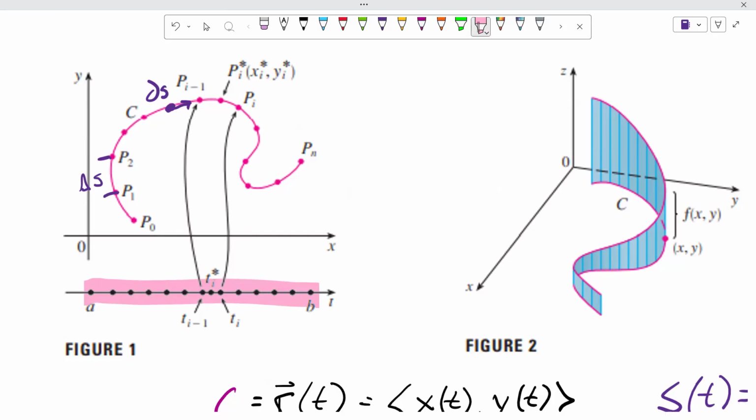And then those small changes in t, which is actually going to be our integration parameter when we start trying to do some stuff with the math, should translate to some sort of small change in the curve. I want to be able to relate dt up to ds, right? Where I can look at a small change in my parameter and see how it impacts a small change along the curve.